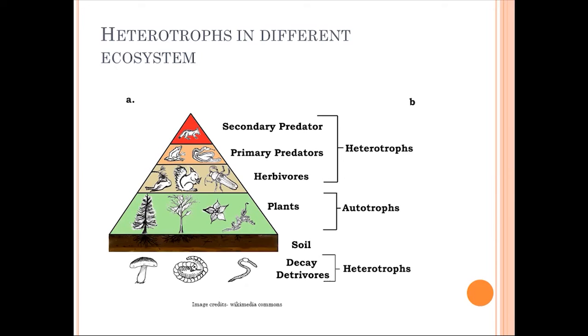So you can see here the autotrophs, which are the plants, then the herbivores, this is the beetle, squirrel, certain birds, then these are primary consumers, then these are the secondary consumers, snake, and the tertiary consumers. So these may be different in different ecosystems, particularly the secondary consumers and tertiary consumers.